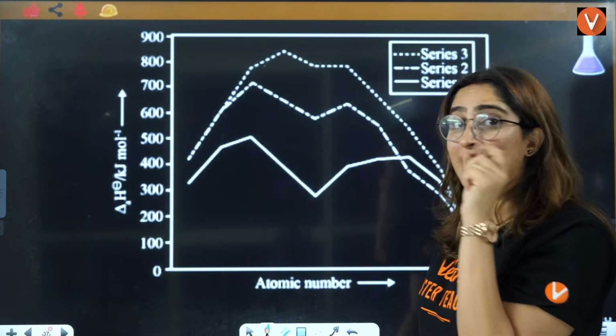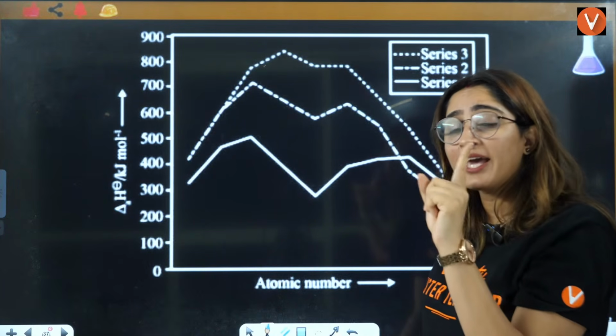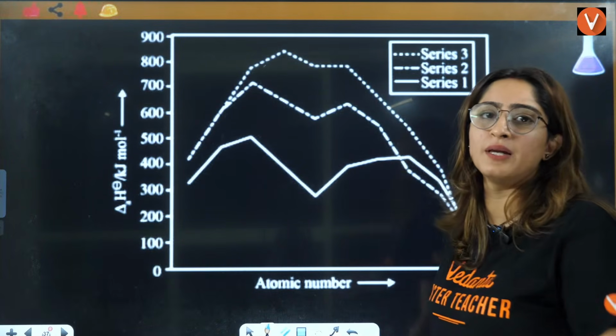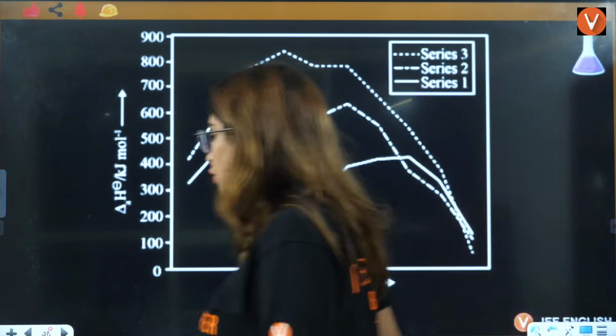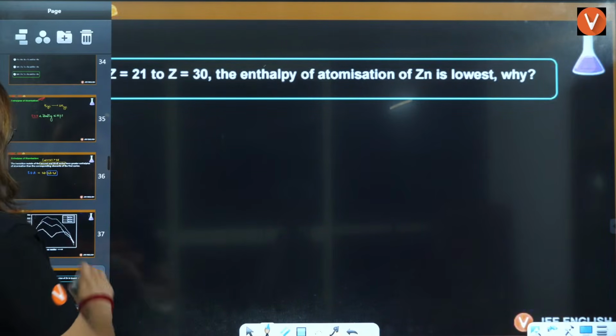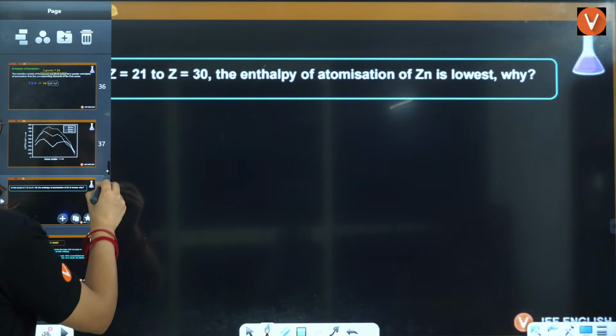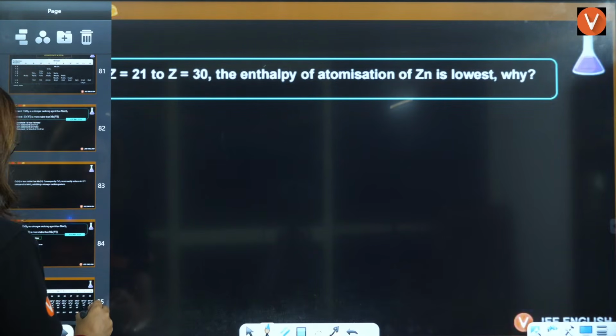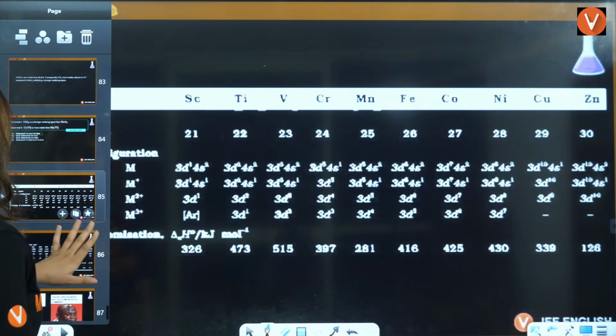Again, it's not exactly the same, but a kind of similar trend. Okay. Before doing atomic radii, we'll need to understand this as well.